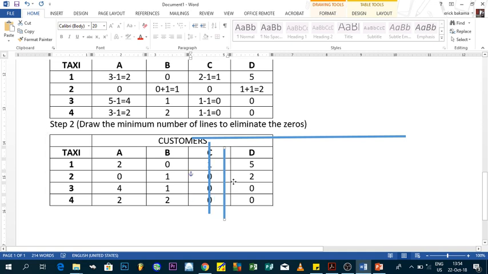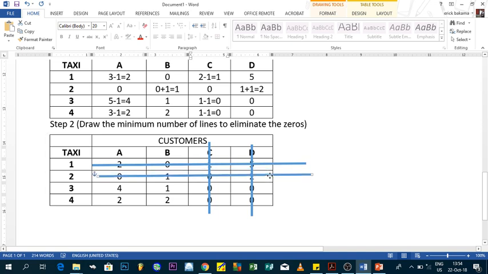And how many zeros am I left with? 2. Is there a line that I can use to cancel these 2 at the same time? There's no way. So I only have this line here to cancel this, and this one here to cancel this. Is my table optimal? Obviously yes, because I got 1, 2, 1, 2, so I got 4 lines, 4 rows, and 4 columns. My table is optimal now.